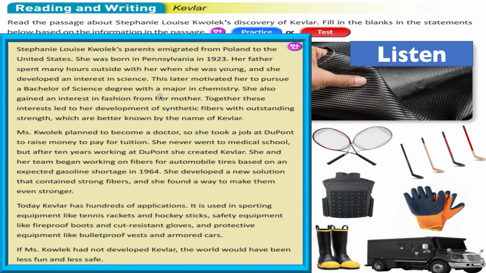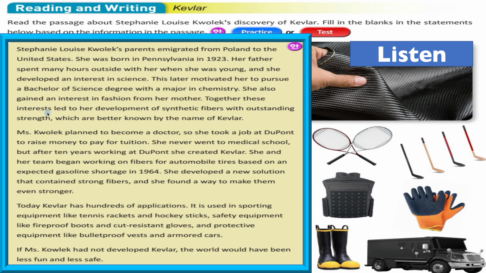Stephanie Louise Kwolek's parents emigrated from Poland to the United States. She was born in Pennsylvania in 1923. Her father spent many hours outside with her when she was young, and she developed an interest in science. This later motivated her to pursue a Bachelor of Science degree, with a major in chemistry. She also gained an interest in fashion from her mother.